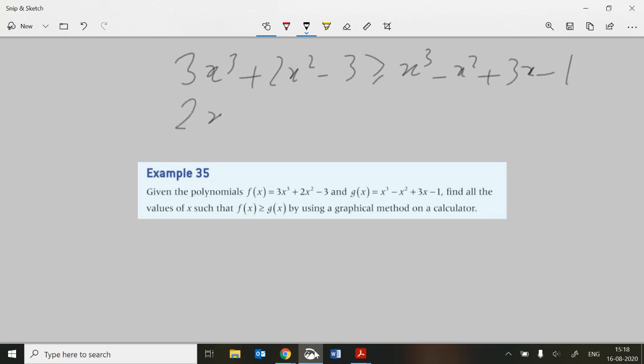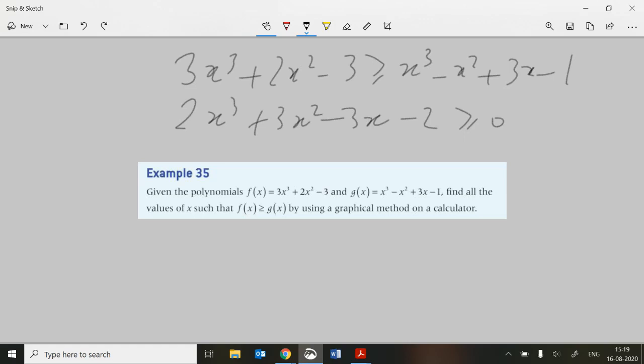So we've got a positive amount of x cubed, so we've got 2x cubed, plus 3x squared, minus 3x, and we have minus 2 then. We're asking when is that greater than or equal to 0? Now, again, this might factorize, but I suspect by the fact that they're talking about using a graphical method that in fact it doesn't factorize in this case.